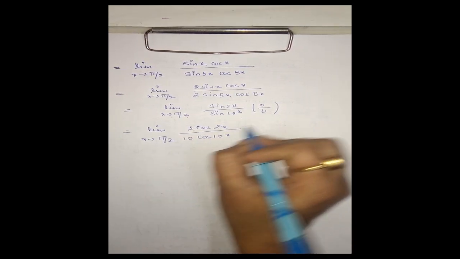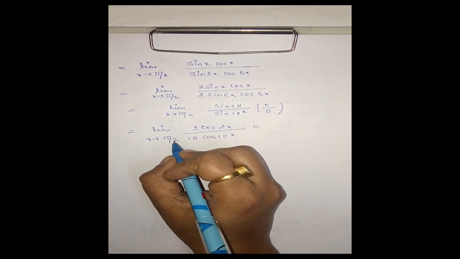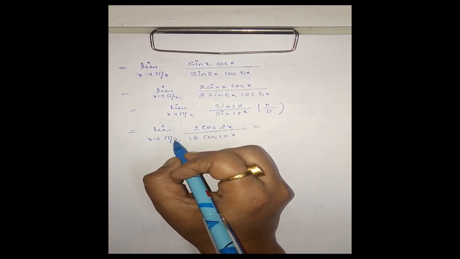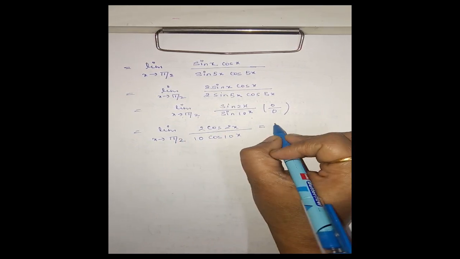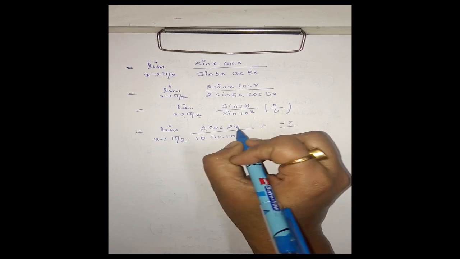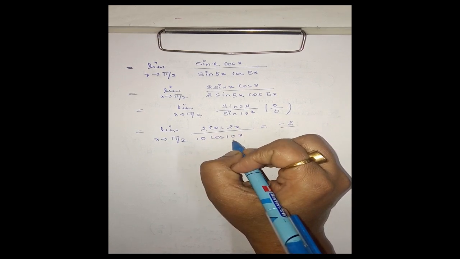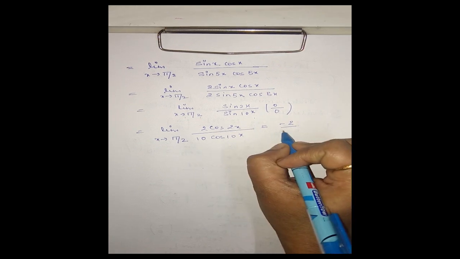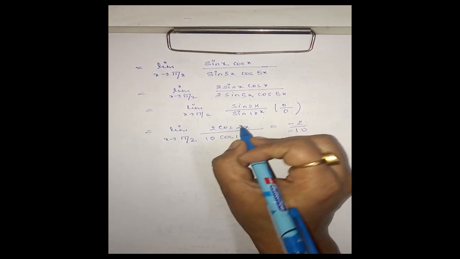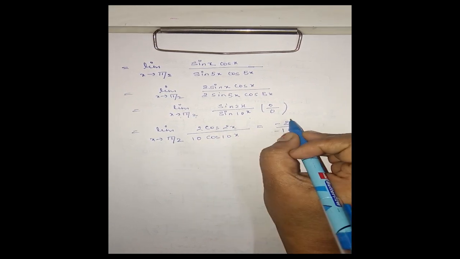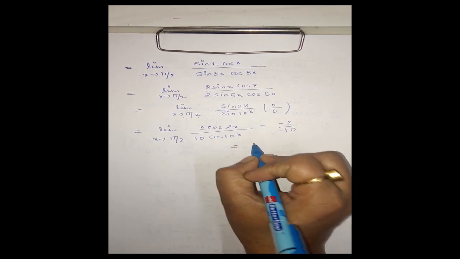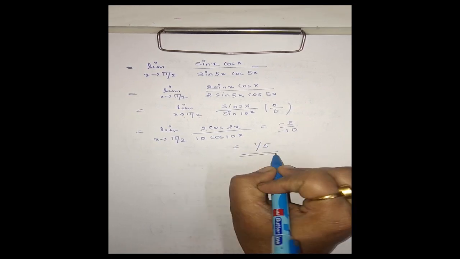Now on taking limit as x tending to pi by 2, here we have cos pi, here cos 5 pi. This is minus 1, this is minus 1, minus 2, minus 10. That is, answer is 1 by 5.